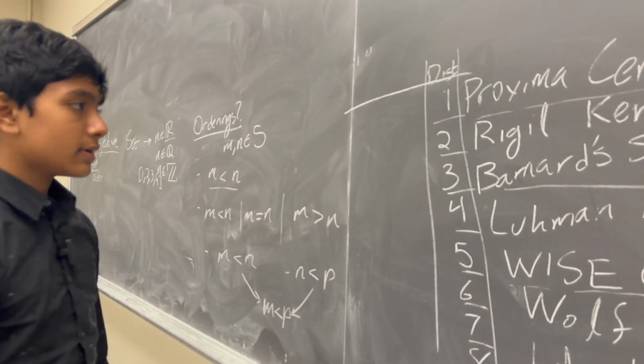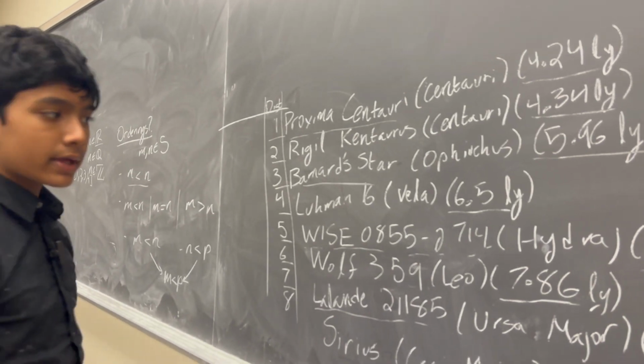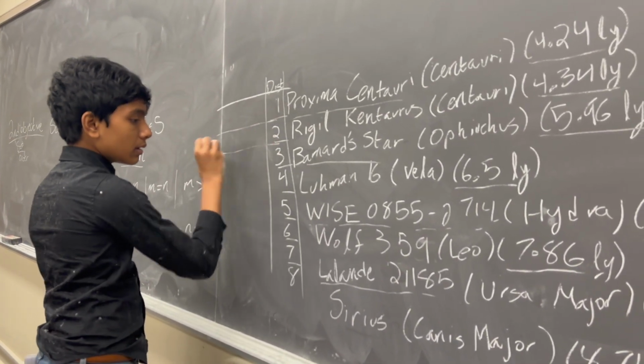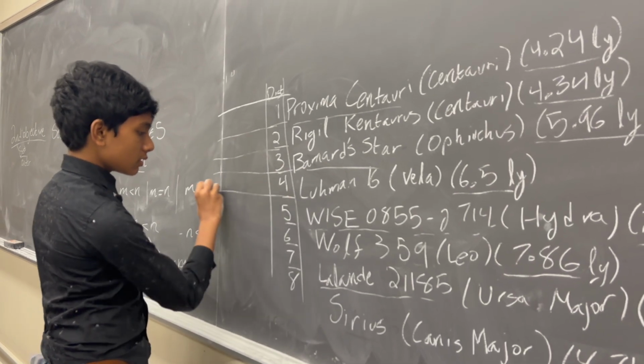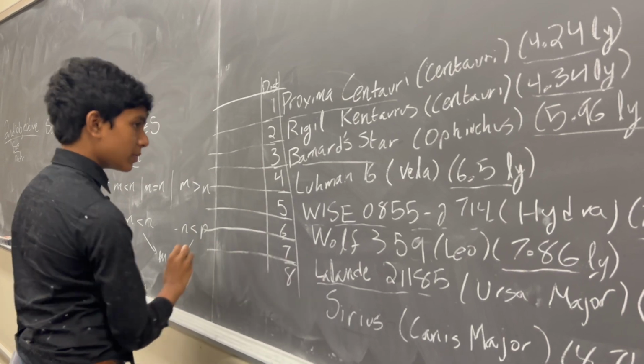But we can come up with a lot of different orderings. For example, we could come up with an ordering by alphabetical order, where the stars are in alphabetical order.